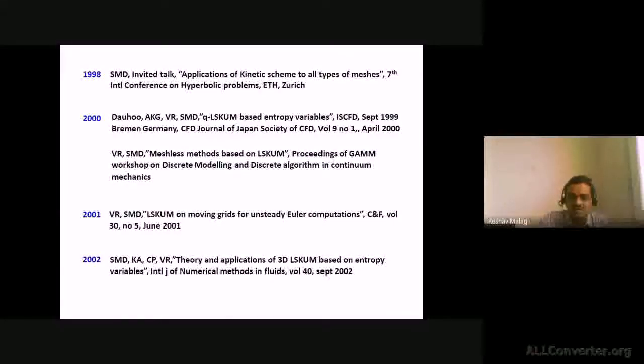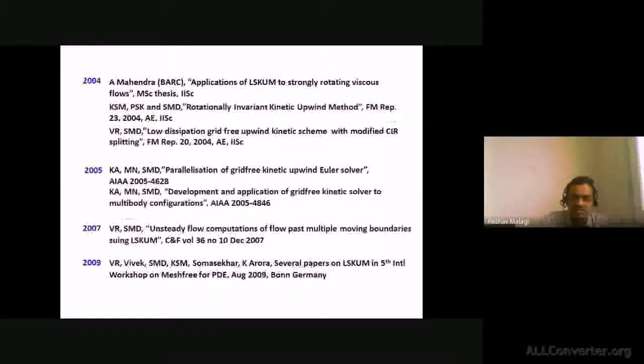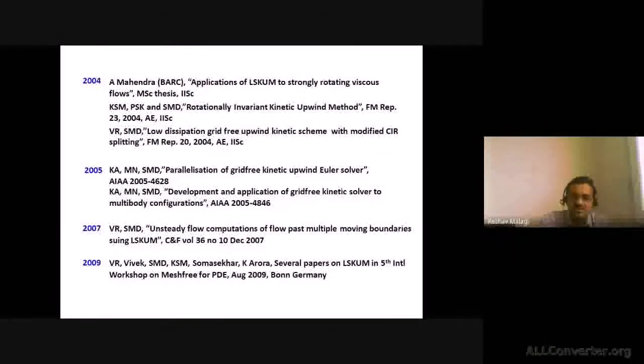And then 3D LSKUM based on entropy variables, which is a very novel way of achieving second order accuracy, was developed. And then viscous applications started from Ajit Mahindra from BARC.